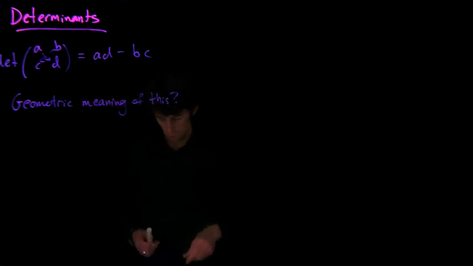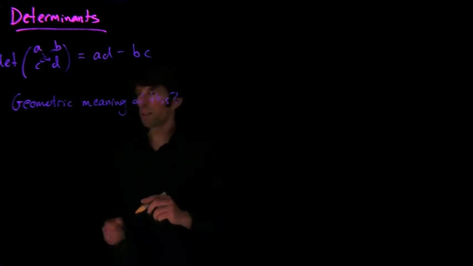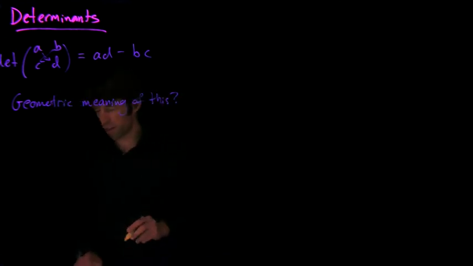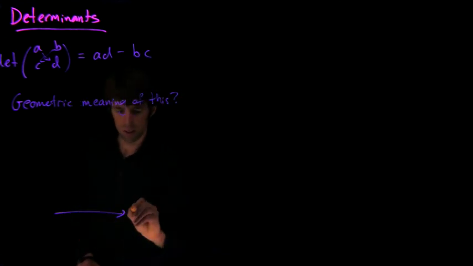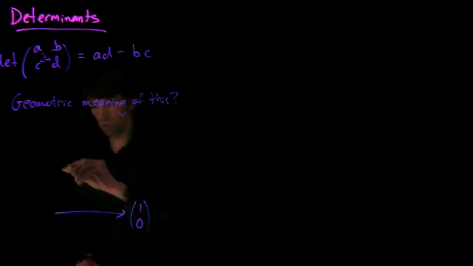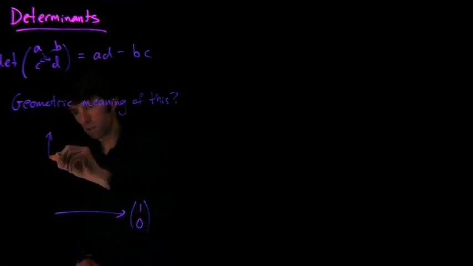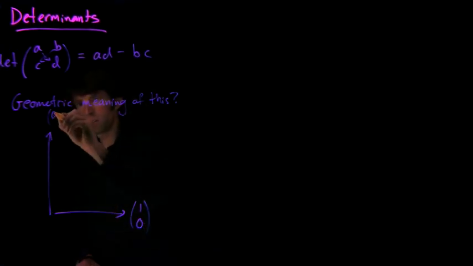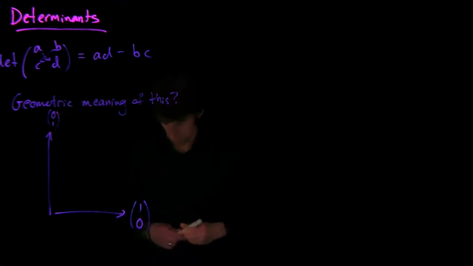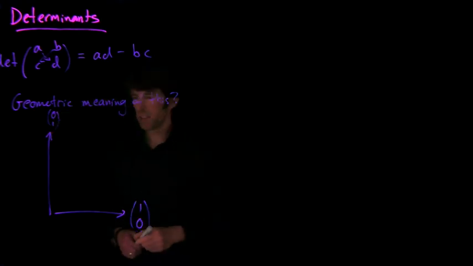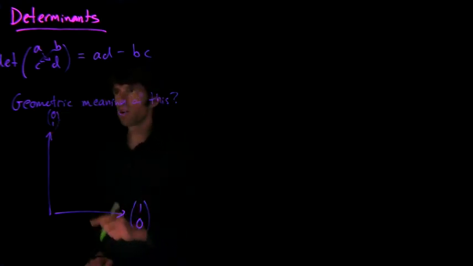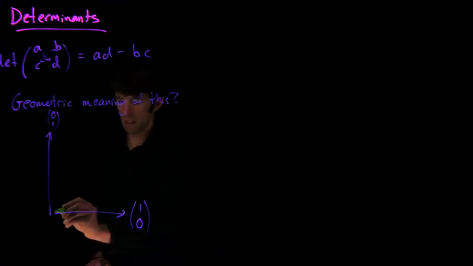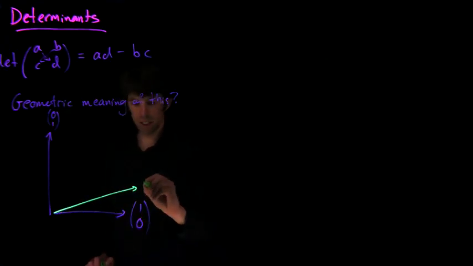So let's think about what this matrix does to our standard unit vectors. Here's the vector 1, 0. Here's the vector 0, 1. This matrix will send the vector 1, 0 to that first column, AC. So let's suppose this is some vector here.